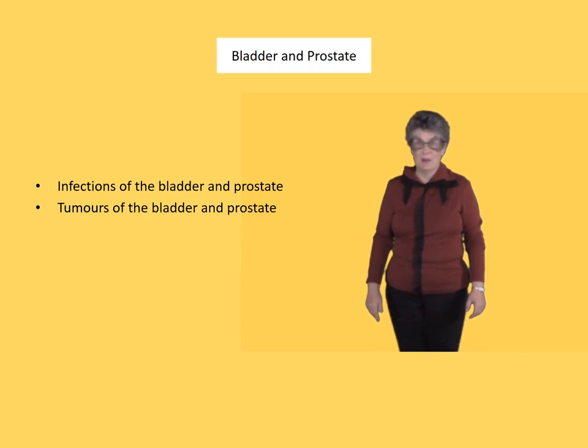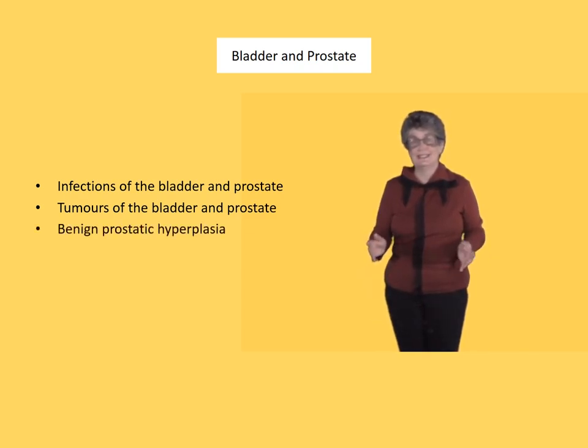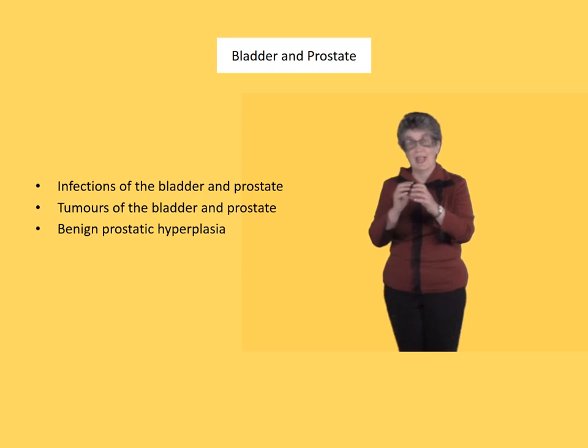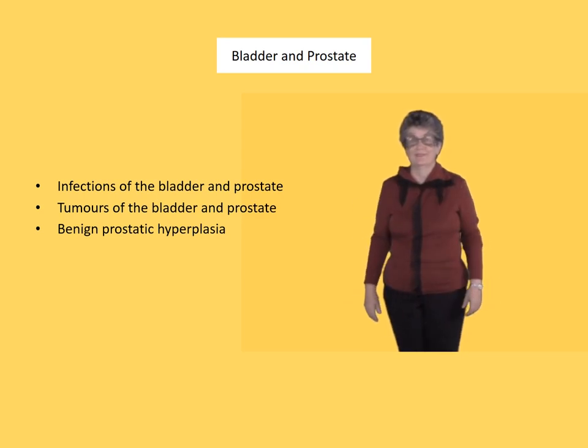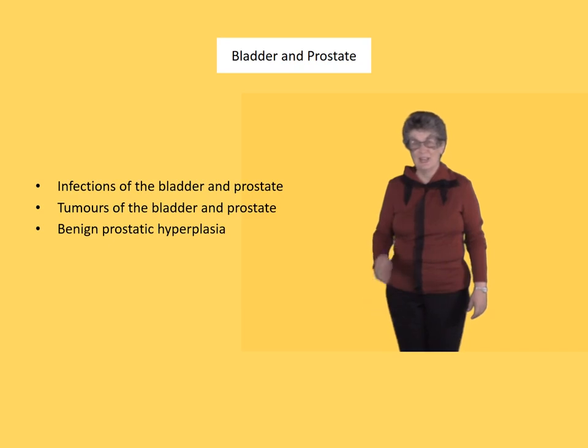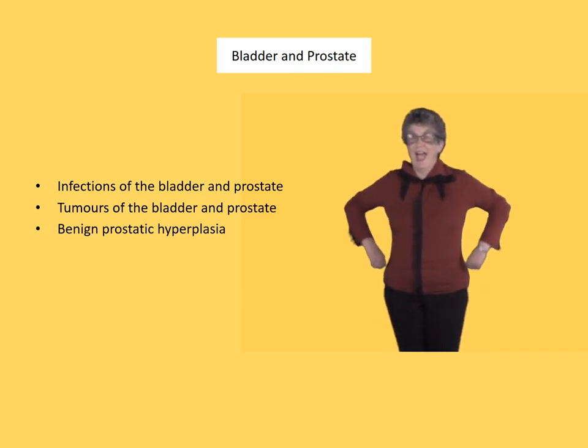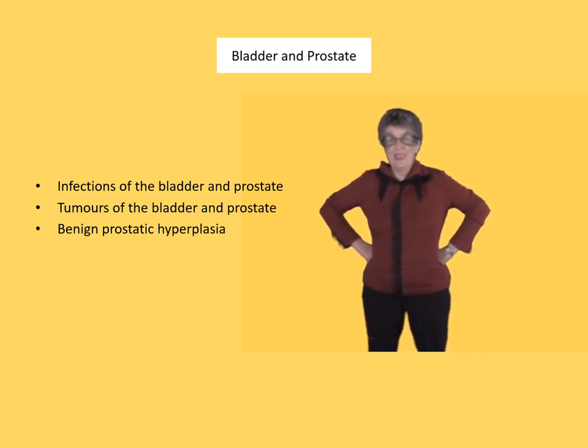And then we've thought about benign prostatic hyperplasia, the commonest disease that affects older men, that is due to expansion of the inside of the prostate and makes the prostate increase in size from a walnut to a mandarin. By learning about pathology of the prostate and bladder, you too can become a pathology superhero.